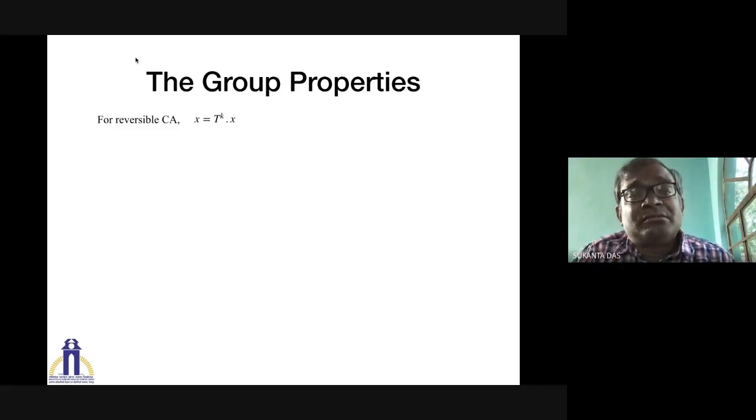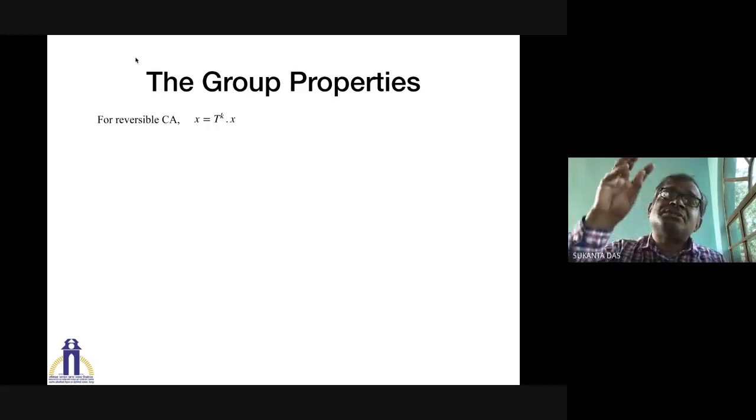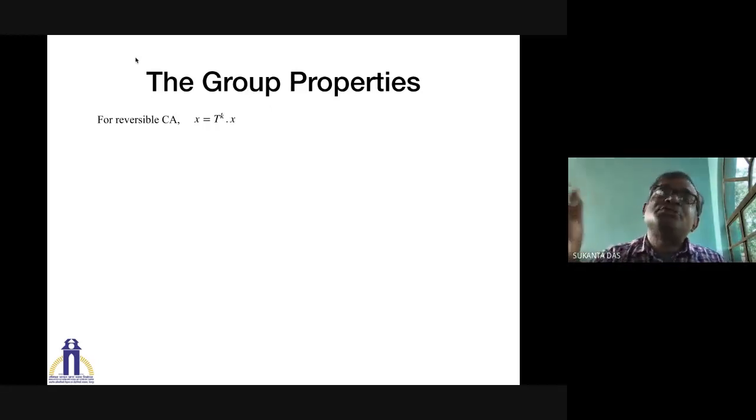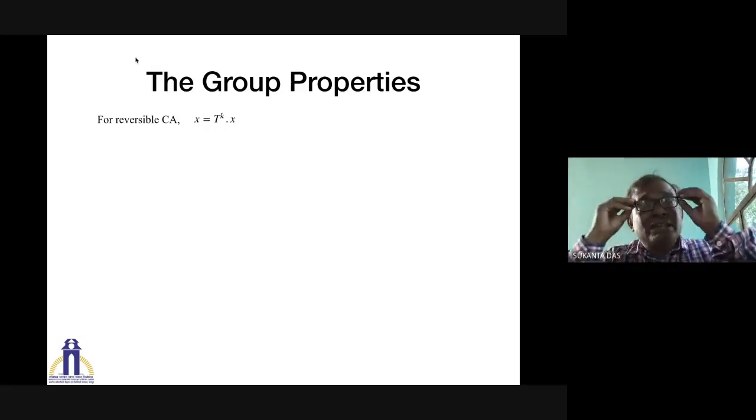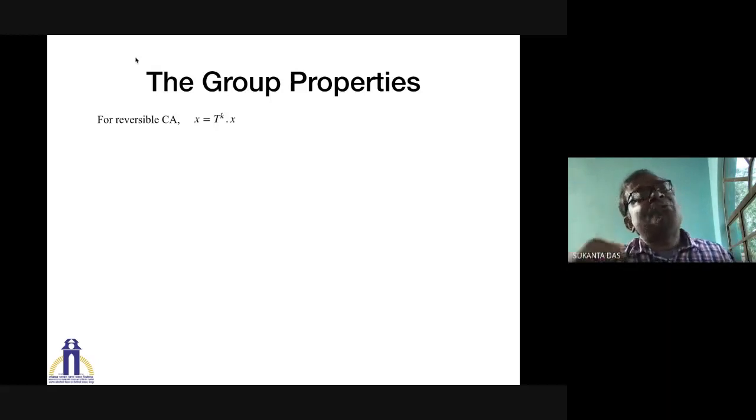What does it mean? It means that I have started from X, then by multiplying X with T, I'm getting a new configuration. Then if I again multiply that with T, meaning T square X, I'll get another configuration. Now, since it is reversible, after some time it has to come back, right?